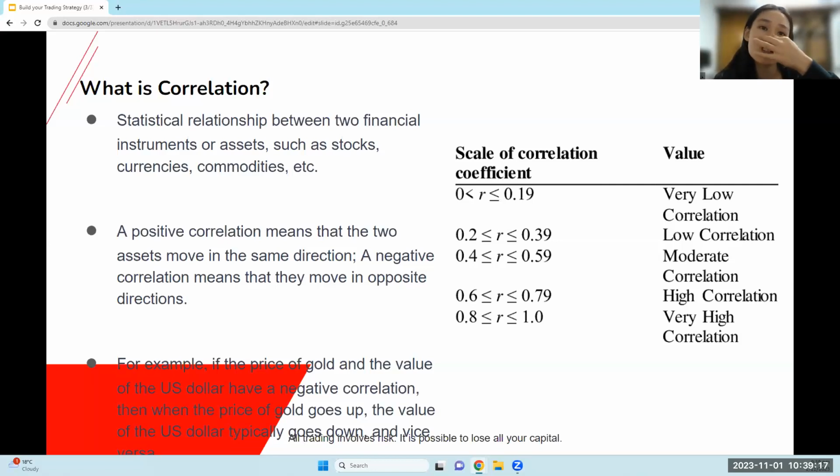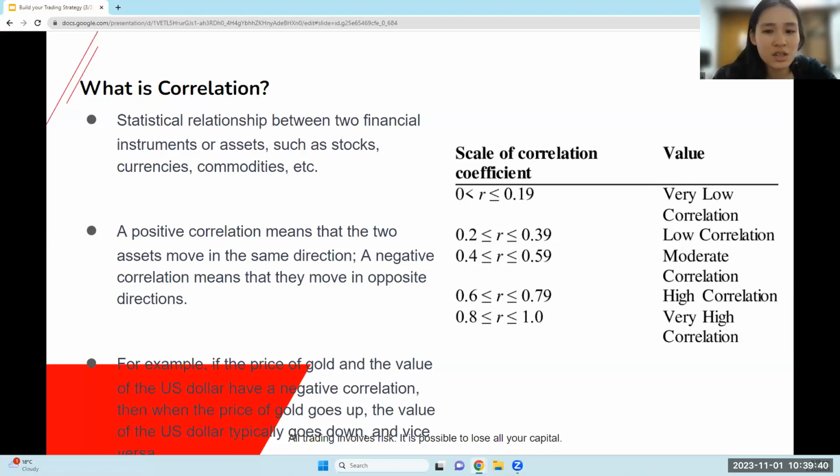So a positive correlation means that the two assets move in the same direction, and negative correlation means that they move in opposite directions. For example, if the price of gold and the value of the US dollar have a negative correlation, then when the price of gold goes up, the value of the US dollar typically goes down, and vice versa.